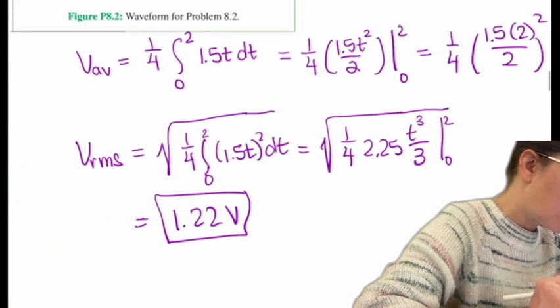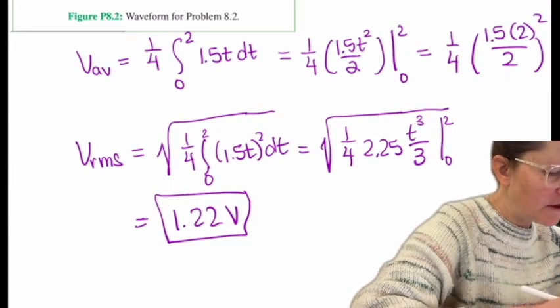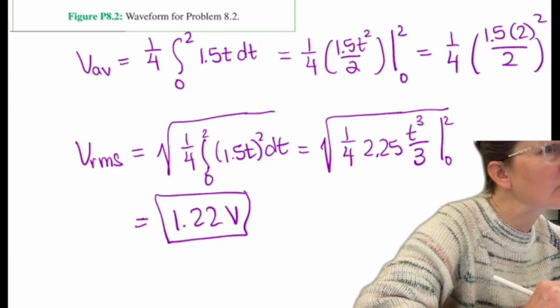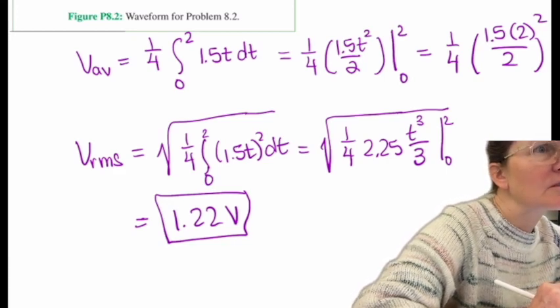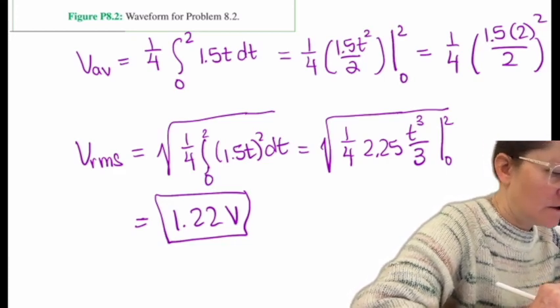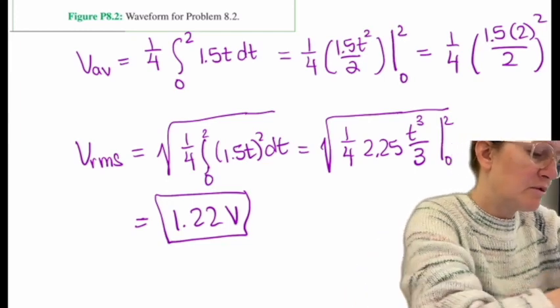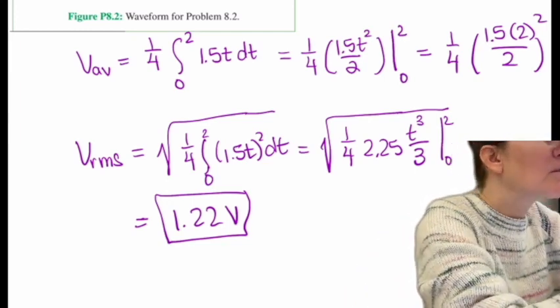And then for the RMS, it's 1/4 and then 1.5t squared, and so 1.22 volts. Oh, was the average? 1.5 also gets squared. Yep, 1.5 squared is in that 2.2. But then that would also be divided. Oh, wait.